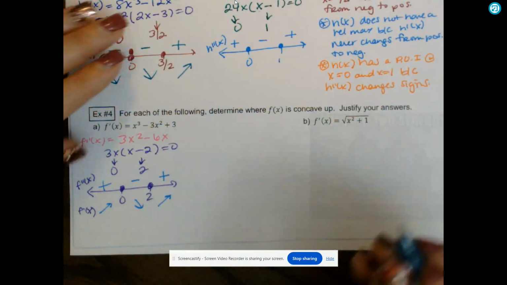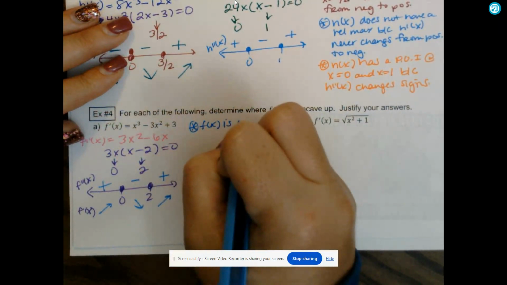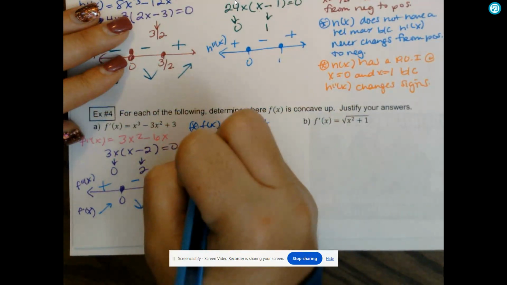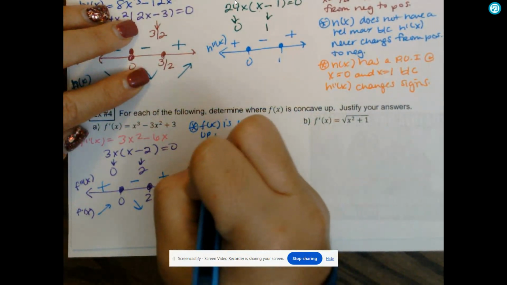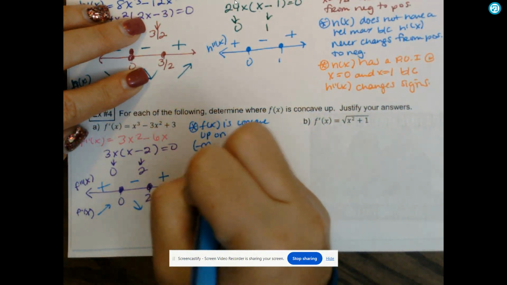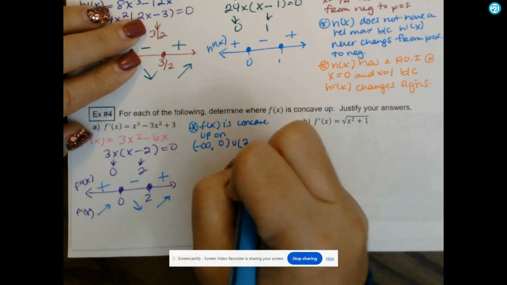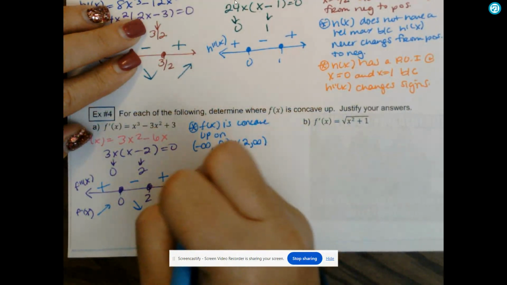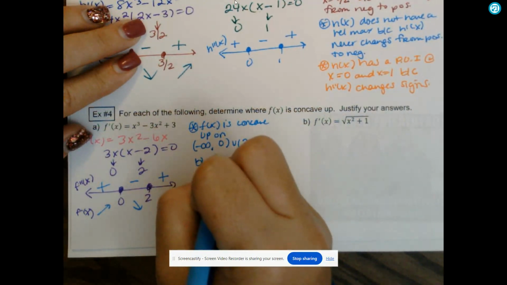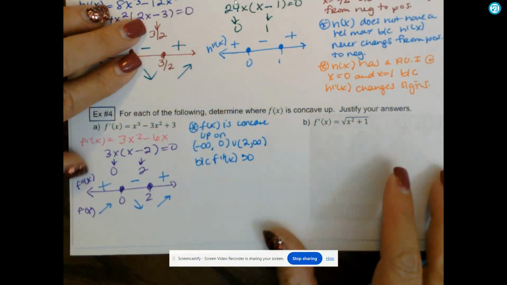So we can say f of x is concave up on the interval negative infinity to 0, union 2 to infinity, because f double prime of x is greater than 0.